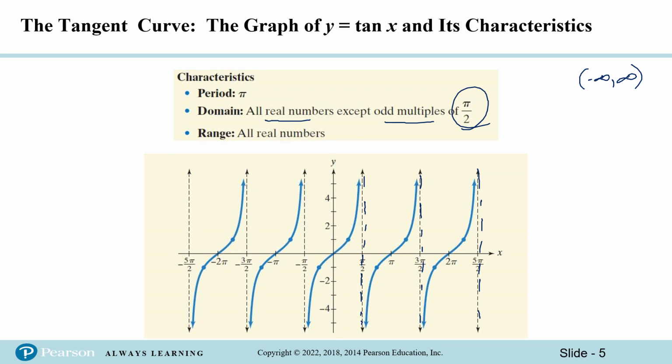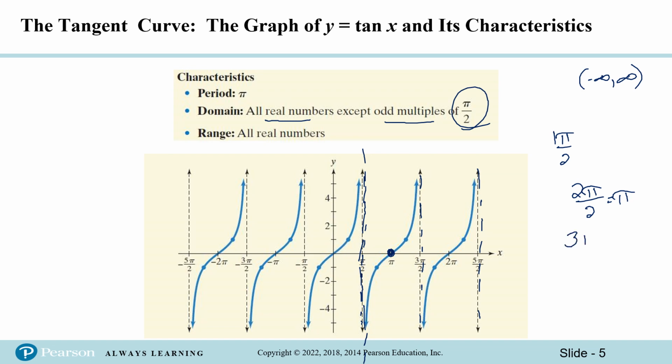Why do we say odd multiples of pi over 2? Well, 1 pi over 2 has a vertical asymptote here. But if you look at 2 pi over 2, that's an even multiple of pi over 2. That's pi, and that's fine. Tangent is 0 at pi.